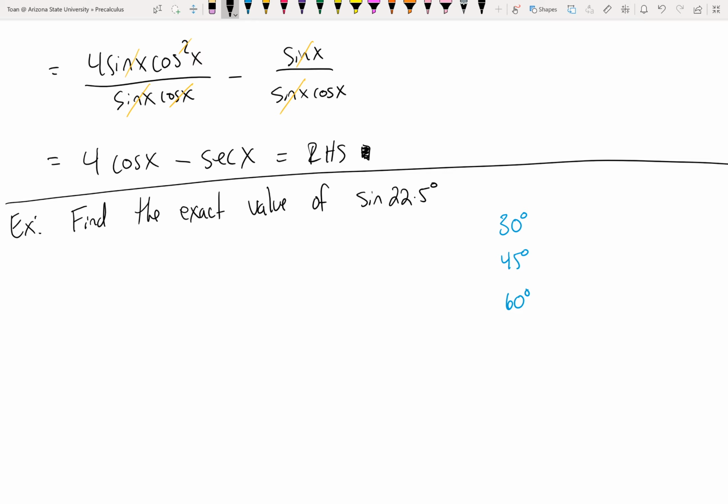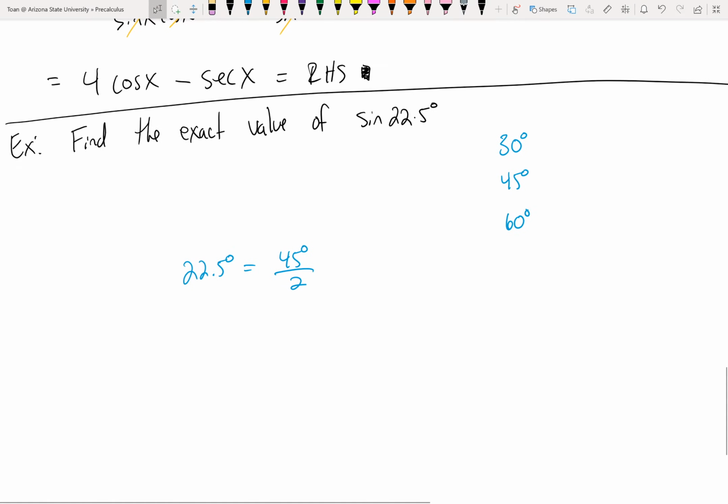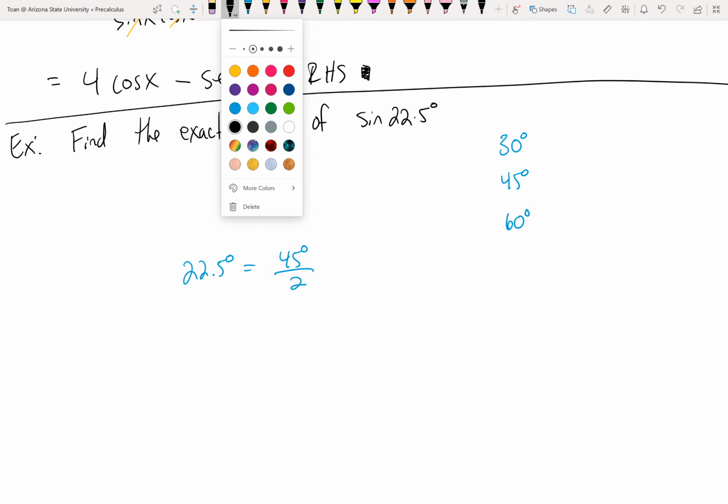So what you should be thinking of in your mind is, is the thing that I'm dealing with the double or the half of any one of these special angles? And I hope everyone can see that 22.5 degrees is 45 over 2. That's exactly half as much as 45 degrees. So there we go. That's exactly what I'm going to work with.